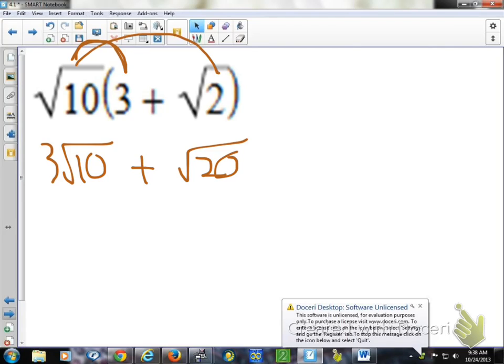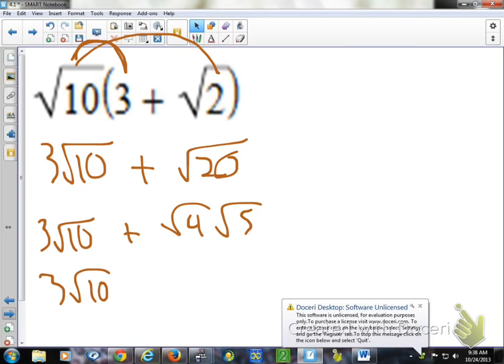So unfortunately, that one's done. But the 20 is 4 and 5, and the square root of 4 is 2. So what's the square root of 4? 2. So that'd be 3 radical 10 plus 2 radical 5.